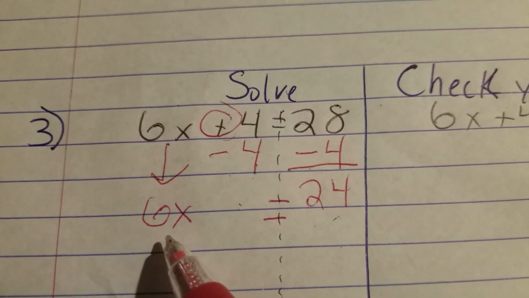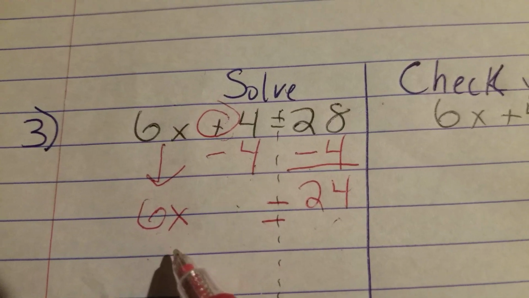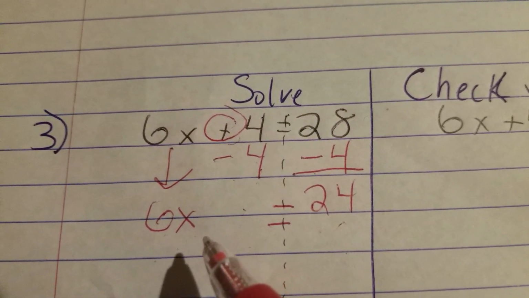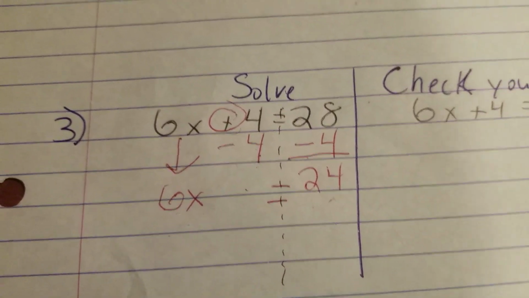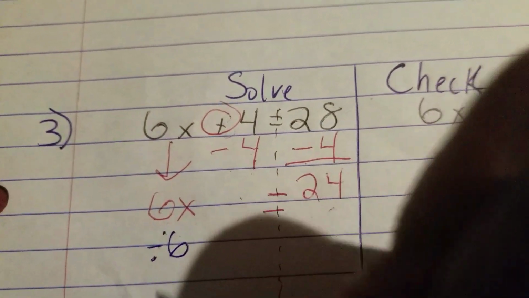So if you've been paying attention at all, you now know that the 6 and the x are being multiplied together. Yes, this is just like Blue's Clues. I'm expecting you to say the answers with me. So 6 times x is what they're giving us. We want to do the opposite. So we are going to divide by 6.